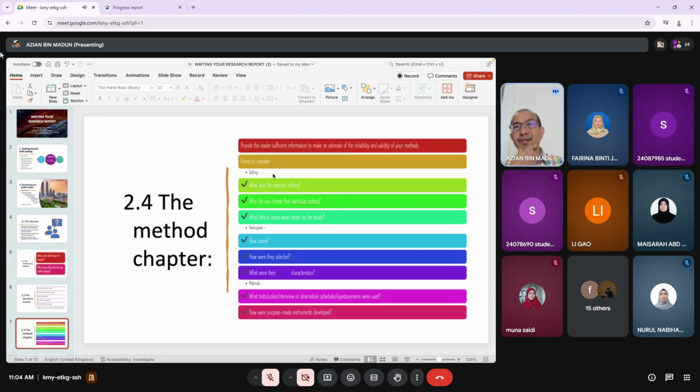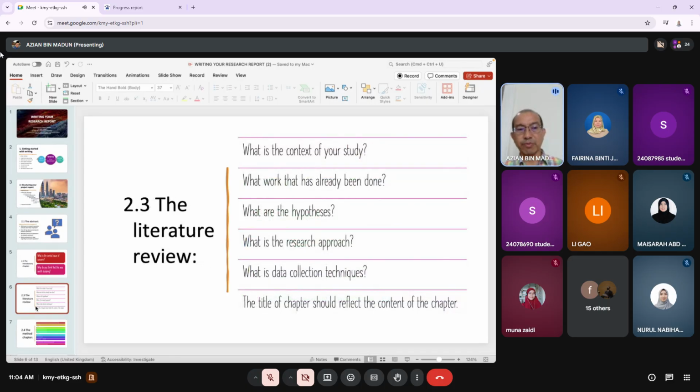So for method, let's say this tertiary review is talking about a model, right, what is the concept of the model, what is the framework of the ideas, is it sociology, is it business, is it scholars from the Middle East, scholars from Japan, scholars from Europe, because you have to remember, if you rely too much on Western scholars, this is where I always argue with my students from the Middle East.